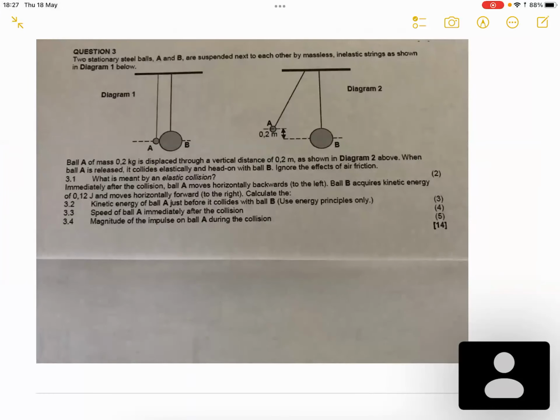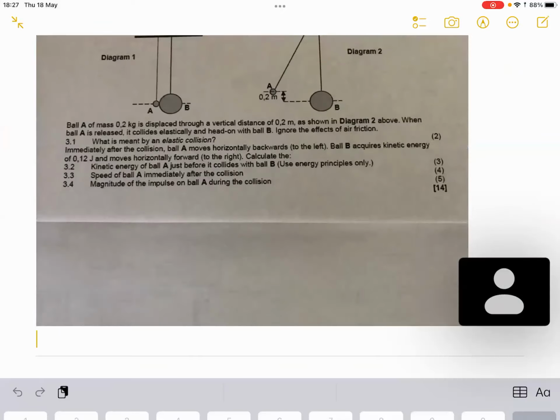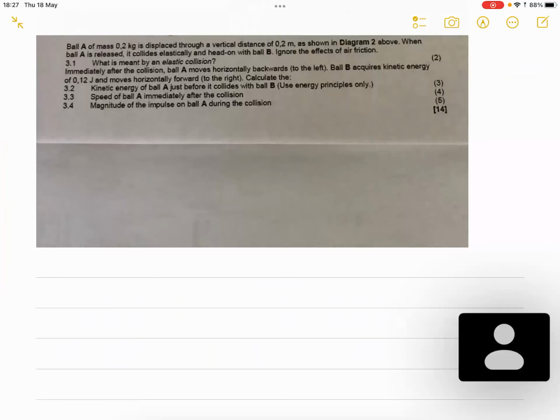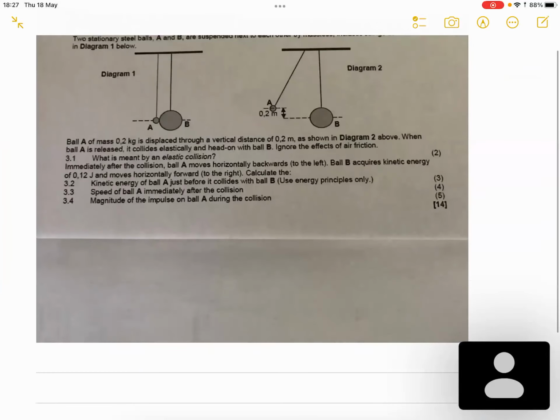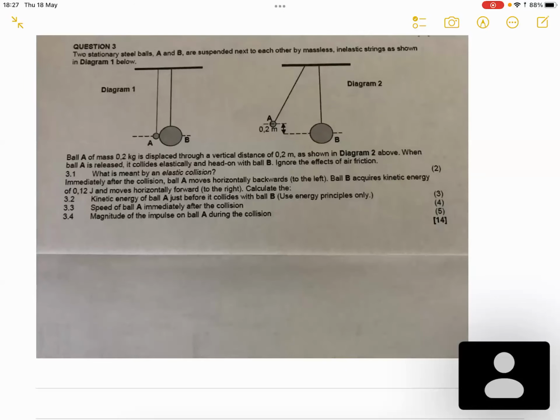Okay, so here's question 3. This one's a little bit different from the other 2 that we've done. Okay, so 2 stationary steel balls, A and B, are suspended next to each other by massless, inelastic strings as shown in diagram 1 below.